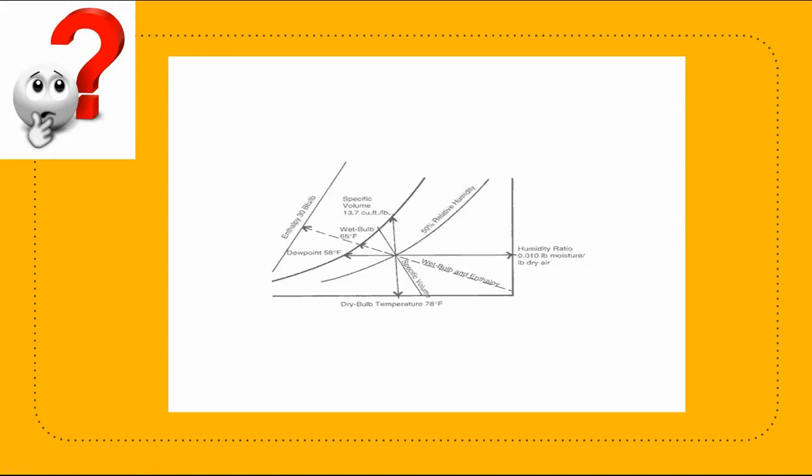So one would be, if you recall the green line, the specific volume. So what would be more or less the specific volume at this particular condition of your air? What would be its relative humidity? So this is the relative humidity curve scale. It will fall into approximately that. What is the humidity ratio? You can read directly here on the vertical axis. What's the dew point? You can read here.